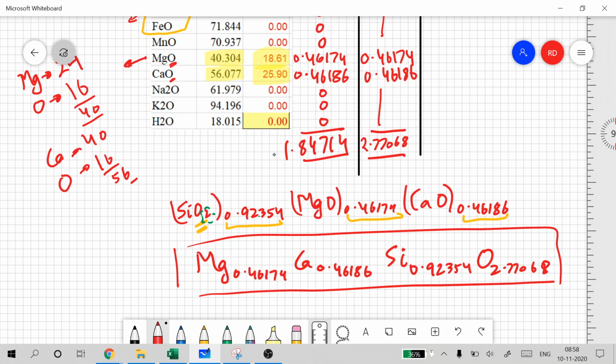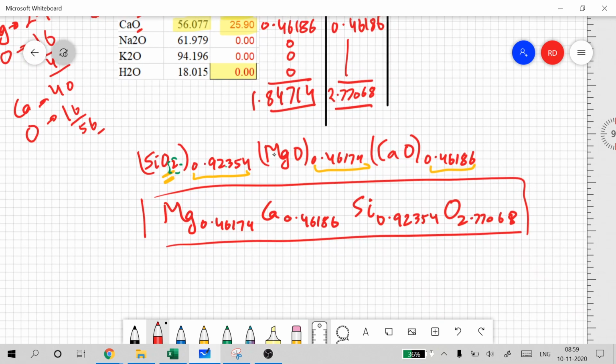First of all, do you recognize this formula now? It is slightly recognizable. If you look at the ratios here, what is this ratio? 1 is to Mg and Ca, 1, okay, is to approximately 2. What about oxygen here?